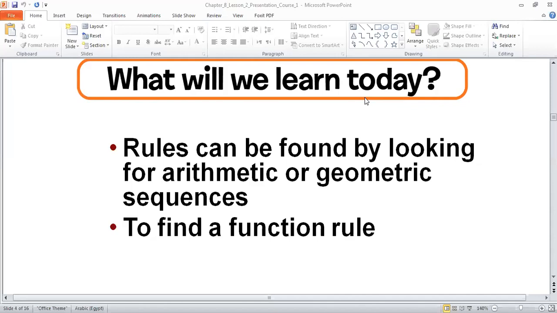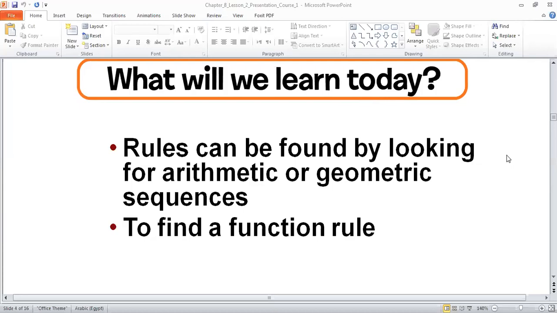Okay, repeat with me. Arithmetic. And geometrical. What? Geometric. Again, arithmetic or geometric sequence. To find the function rule.